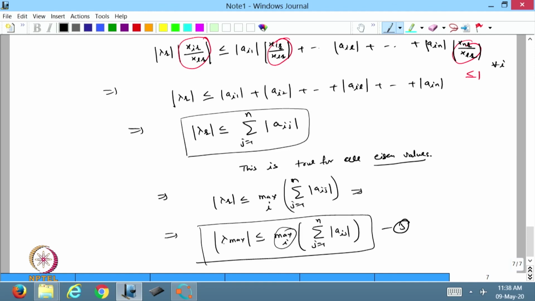So, from here I can say that my maximum eigenvalue will always be less than this one. So, this is an upper bound for lambda max, and these are bounds for lambda max.